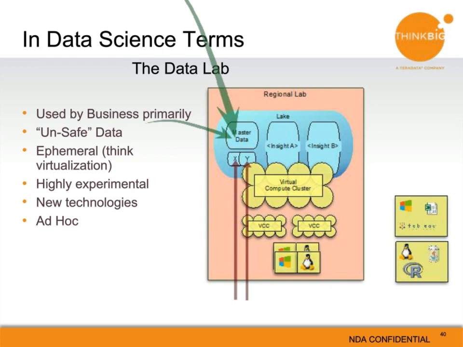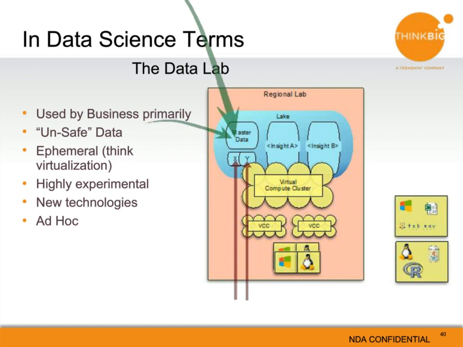Fantastic. Thanks, Rick. This is a great place to start. In data science terms, as I'm sure many of you on the phone know, we think about what we're doing on a data lake or a data lab as being a bit different from the way the engineering teams think about it. All of those steps Rick took us through, from the swamp through the reservoir, get us to a point where folks like me and my team can get in there and really start to analyze the data, and it's fantastic to get there.